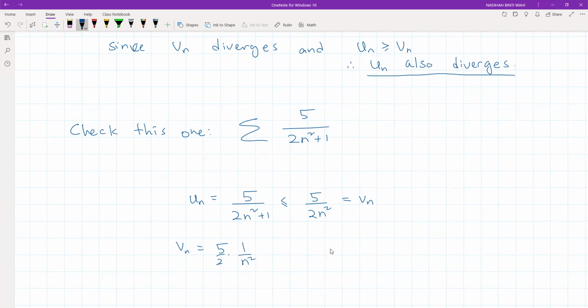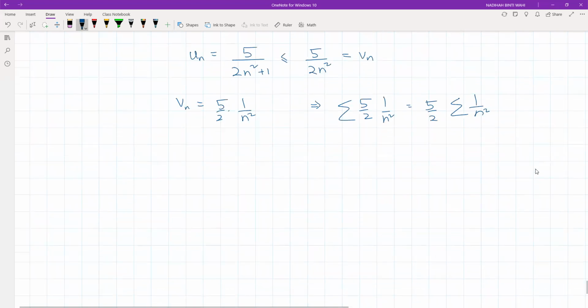So in this case, you can see the series 5 over 2, 1 over n squared, this part is a convergent p series.